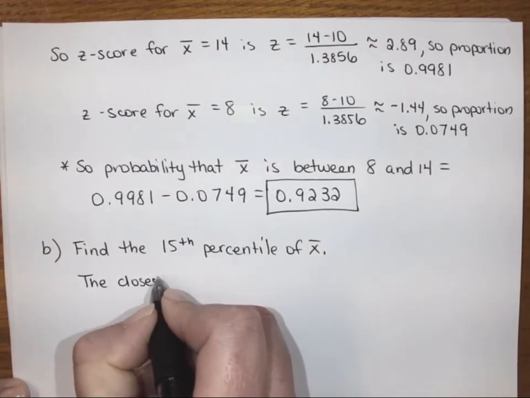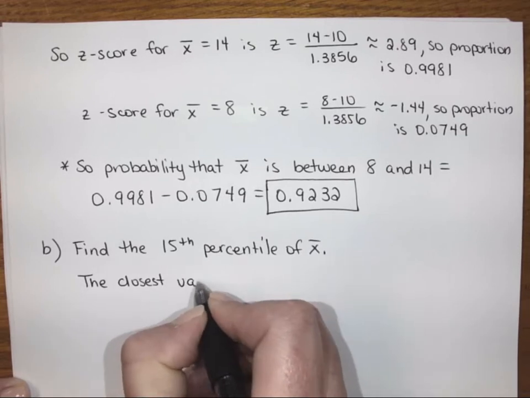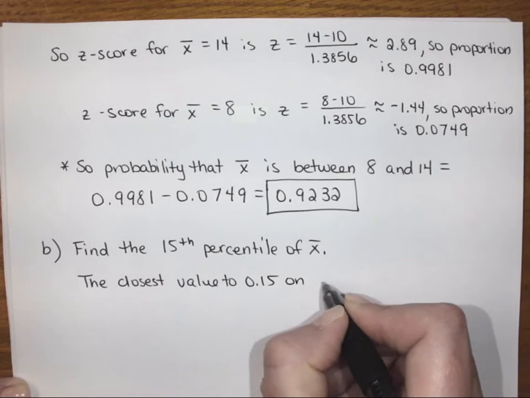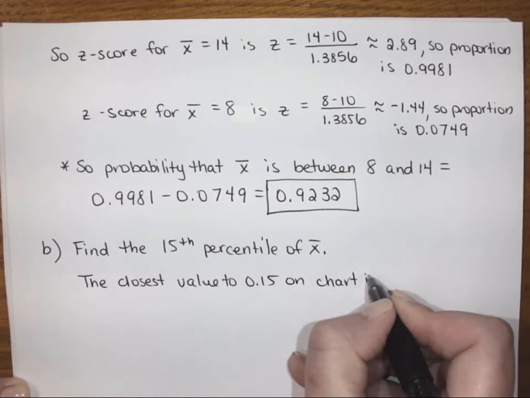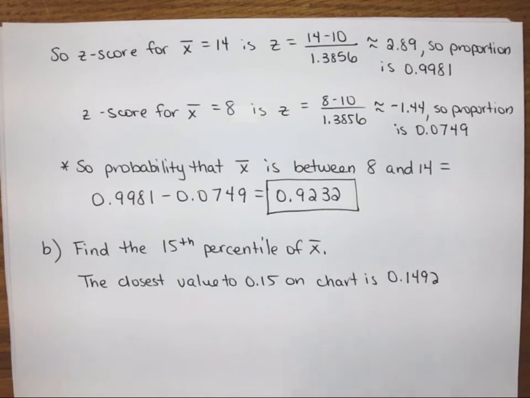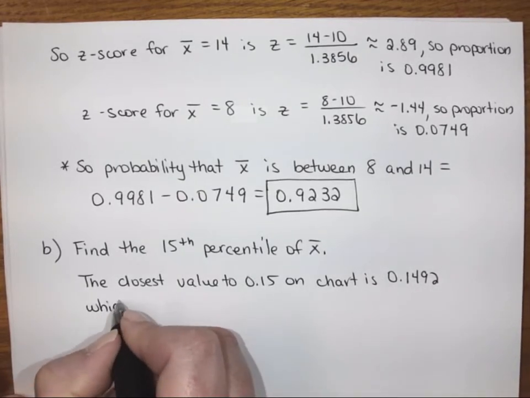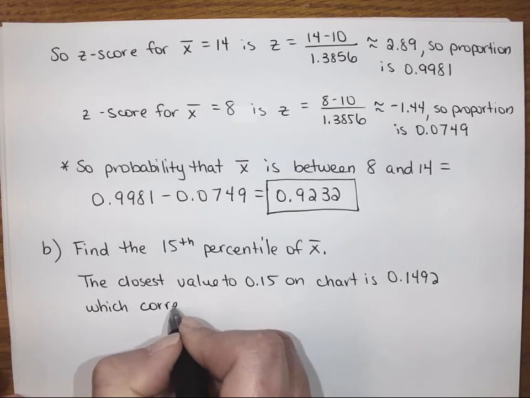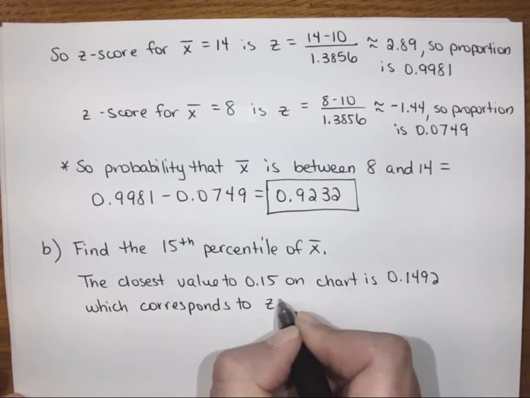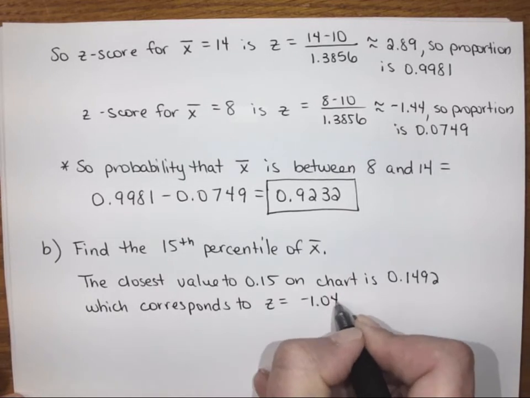So this is where you look at your chart. The closest value to 0.15 on the chart is 0.1492, which corresponds to a z-score of negative 1.04.